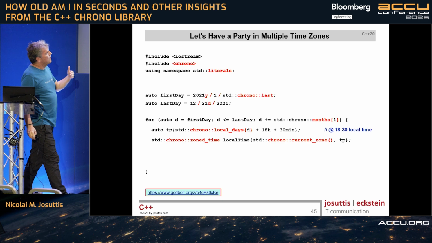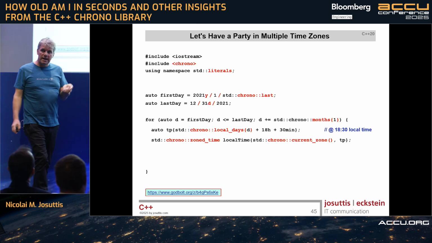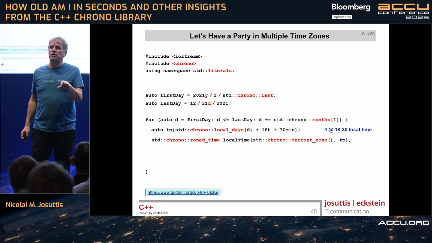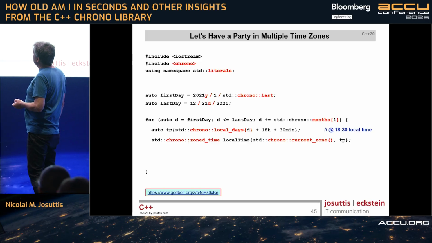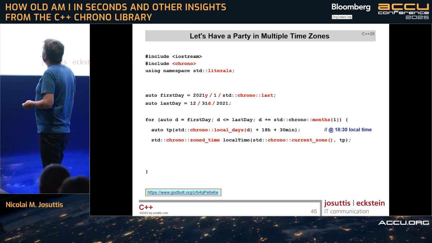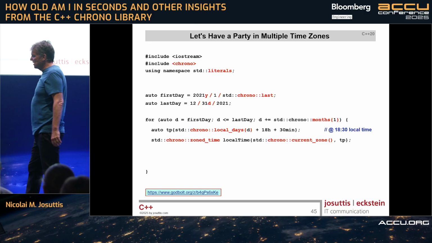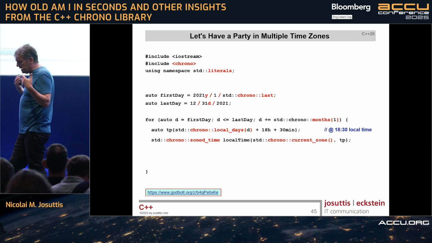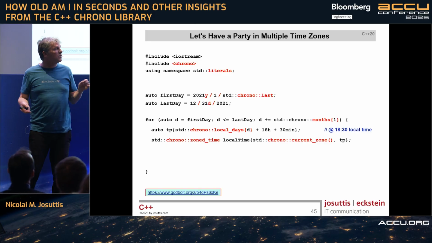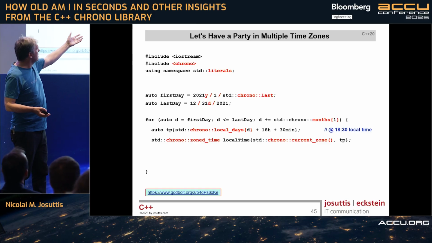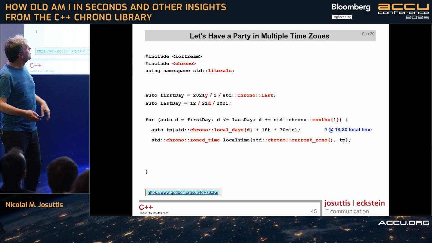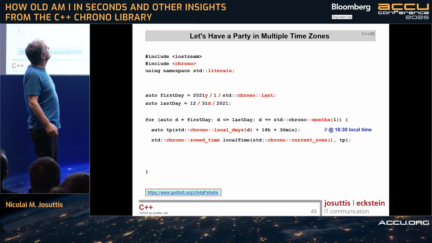So now let's combine this local time with a time zone. And that's pretty easy. That way we convert it into a zoned time, using, for example, the current time zone. Now I have a data type that holds a time point that consists of date, hours, and minutes, and it's associated with a time zone.